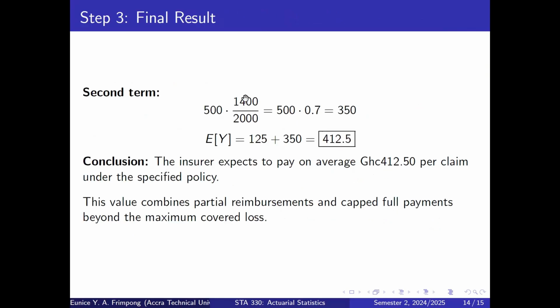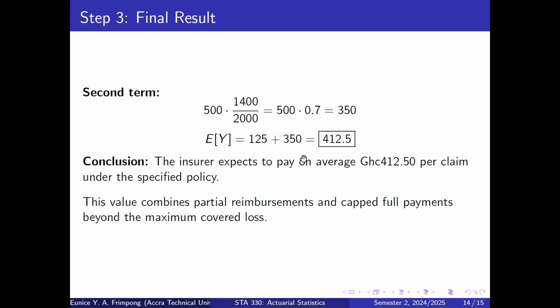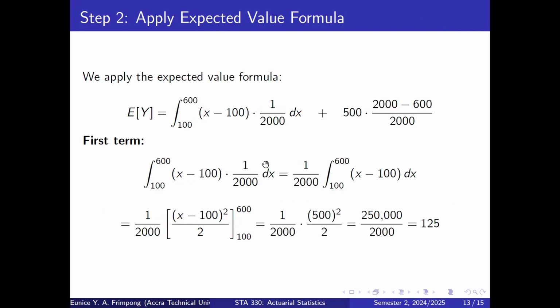So we have here 1,400 over 2,000 times 500, and that is giving us 350. So the expected value of Y is 125, which we had for the first part, plus 350, which we got for the second part, and that is equal to 475.